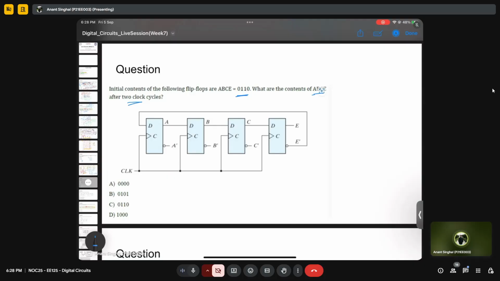So can anyone tell what type of counter this is? We have just studied it. If you are paying enough attention, you'll be able to know. Yeah, so this is a twisted ring or Johnson counter. So please let me know the output. It is asking after 2 clock cycles, considering this is the initial input.